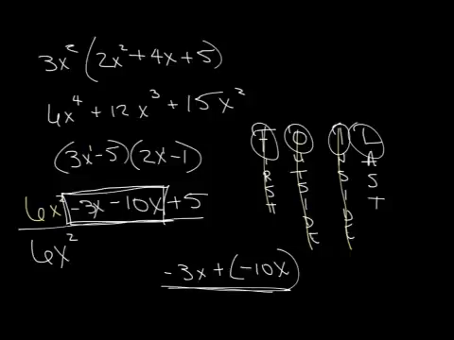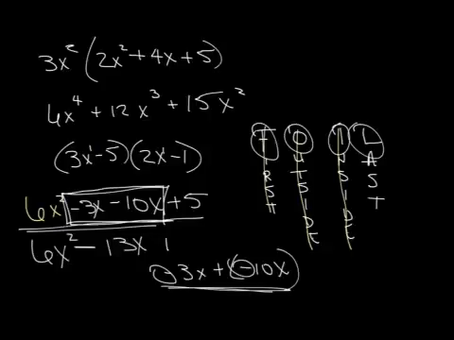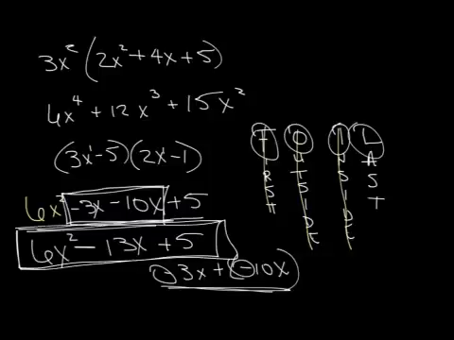And when you add numbers with the same sign, you add the numbers and put that same sign on your answer. So then we go ahead and finish by connecting this plus 5 right there, because we can't do anything with it. So that right there is my answer when I multiply 3x minus 5 times 2x minus 1.